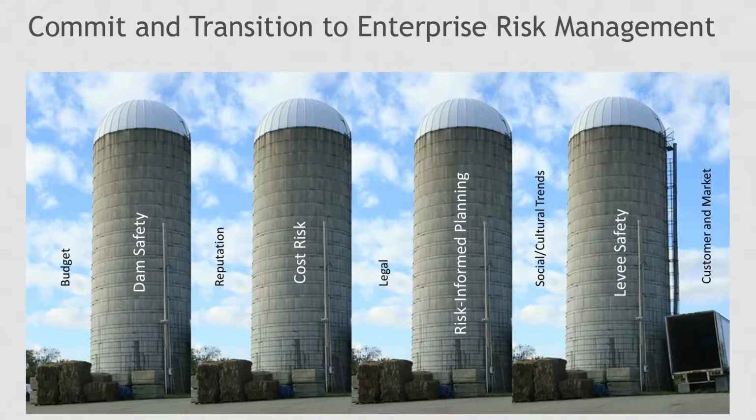Dam safety, levee safety, cost risk, planning, asset management, and other activities all have their own risk management practices. Some are more risk averse than others. The silos do not explicitly consider their effects on other silos, and there are risks, like reputation risk, that fall between the silos and do not get managed by anyone.